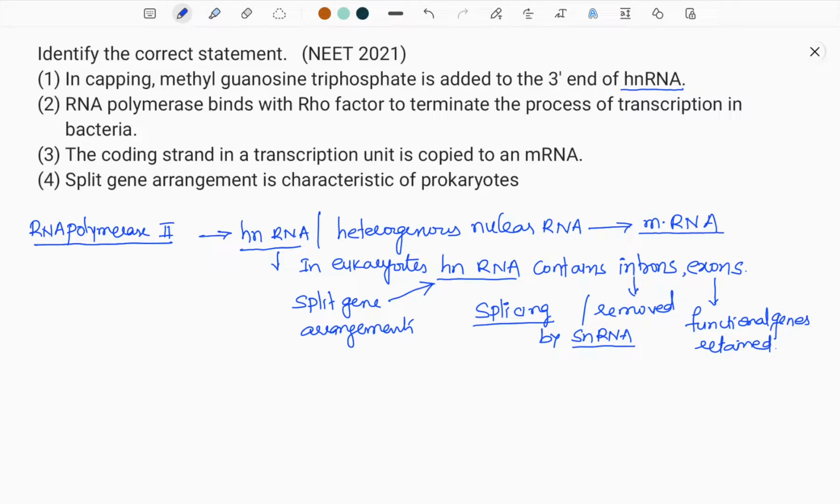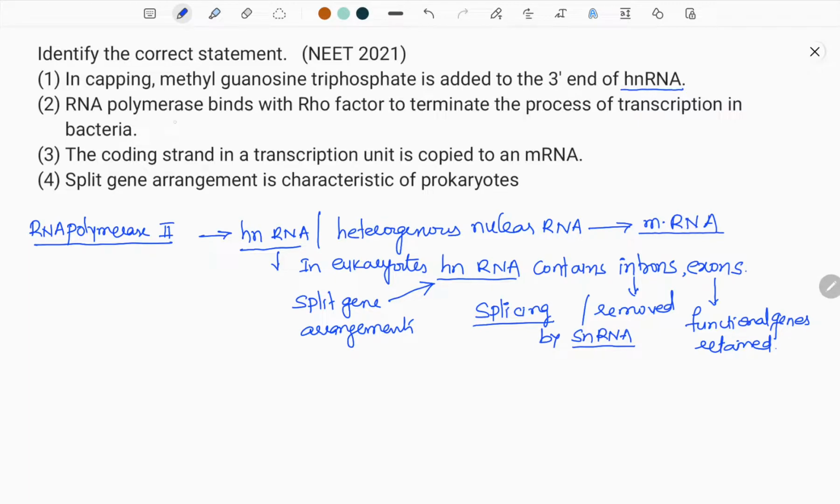So transcription and translation both take place in the same compartment, as there is no compartmentalization in prokaryotes. So there is no split gene arrangement and no splicing in prokaryotes. Right.